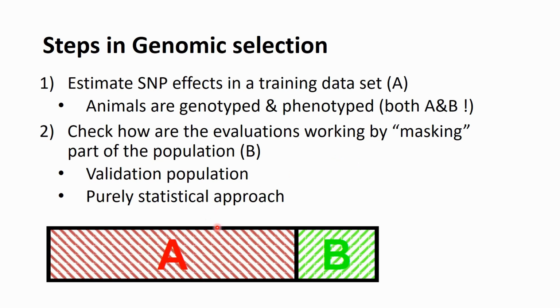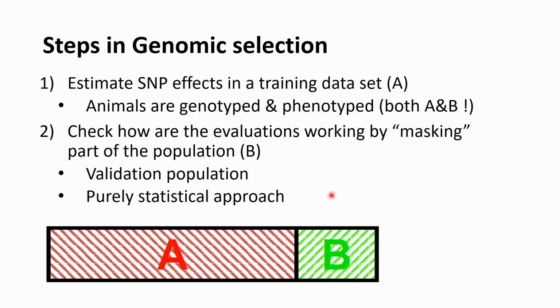So basically what we do is we run the statistical models in the part A of the population, and we estimate the SNP effects. And based on these SNP effects, we compute the genomic breeding values for population B. Now, as I mentioned before, this part of population B has genotypes, but also phenotypes that are already measured.